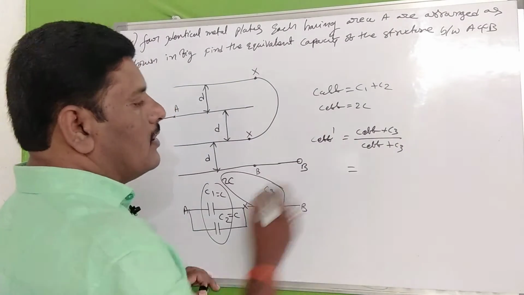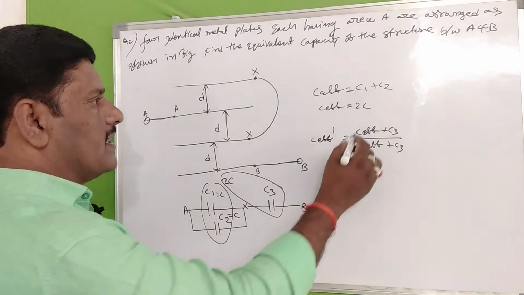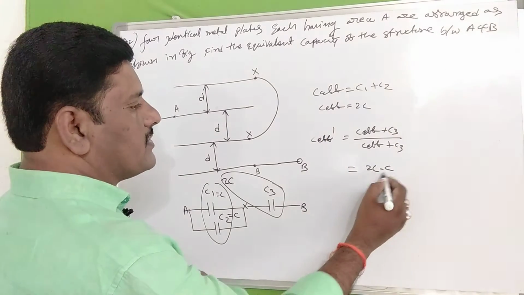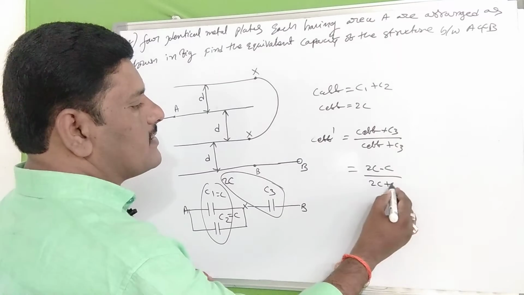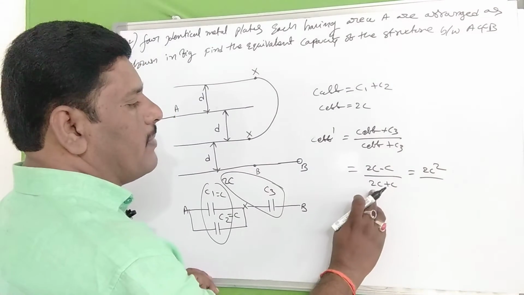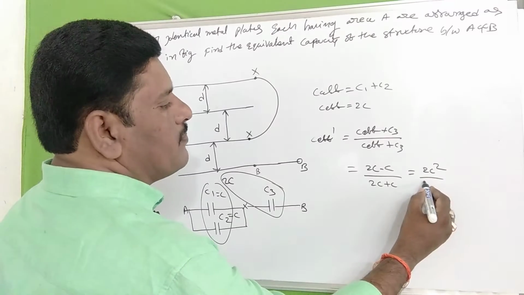With C effective equal to 2C and C3 equal to C, it is 2C into C by 2C plus C. Here 2C square by 2C plus C, that is 3C.